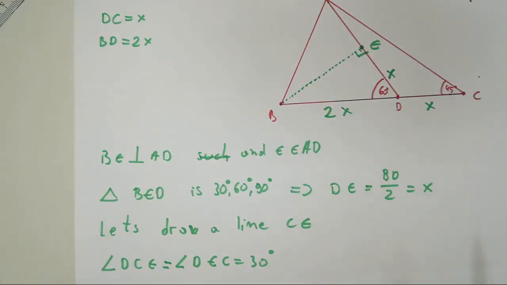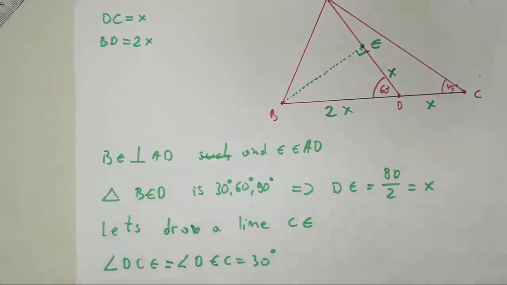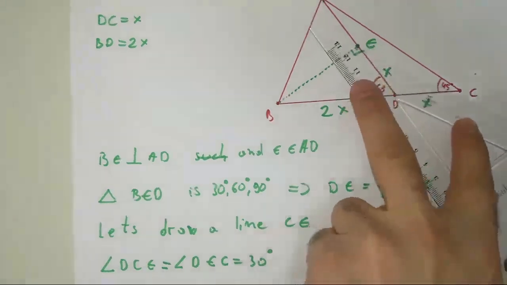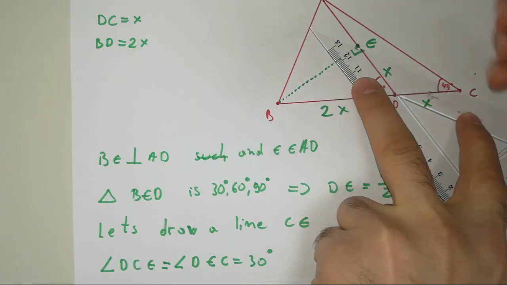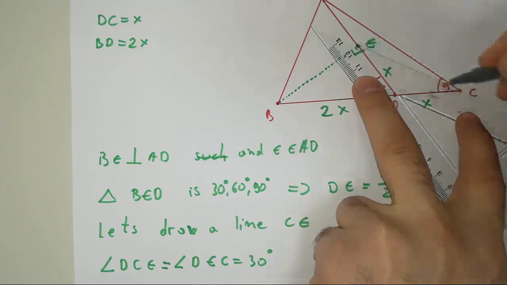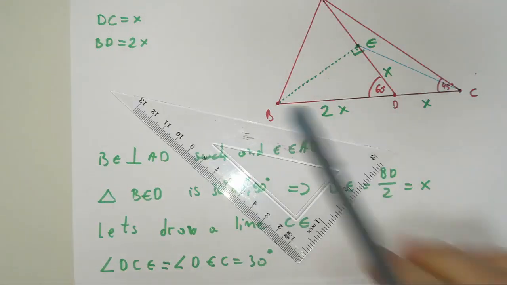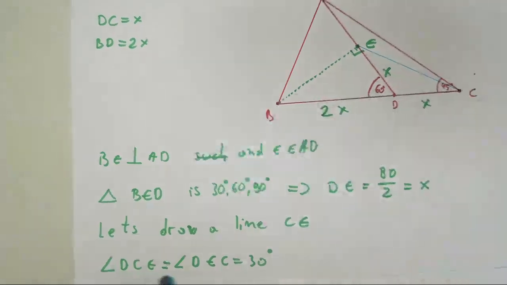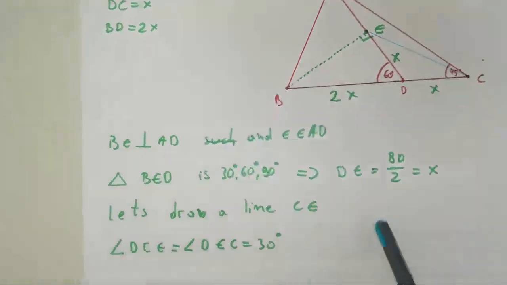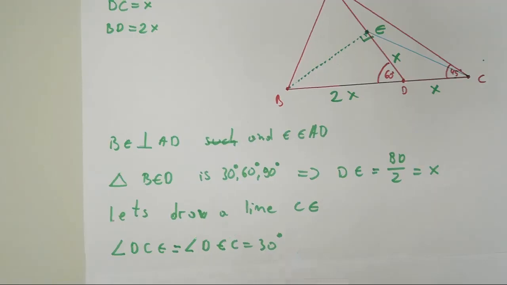Now let's draw a line CE here. I'm drawing it with a blue marker now. Let's see, what can we do now? If you draw a line EC, look, the triangle EDC, or DCE, is an isosceles triangle.